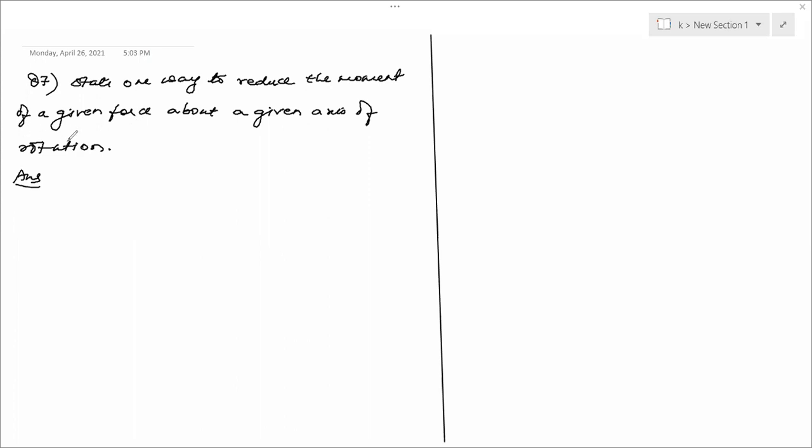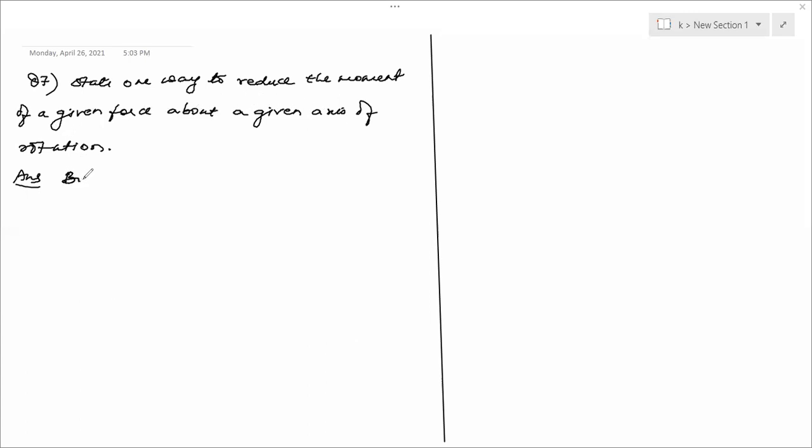Formula for moment of force is force into perpendicular distance of the line of action from the axis of rotation. So naturally, children, the force is given already. So naturally, distance has to be reduced so that the moment of force can reduce. So what should be the answer?